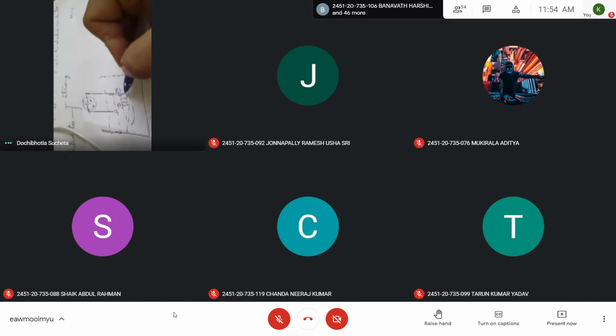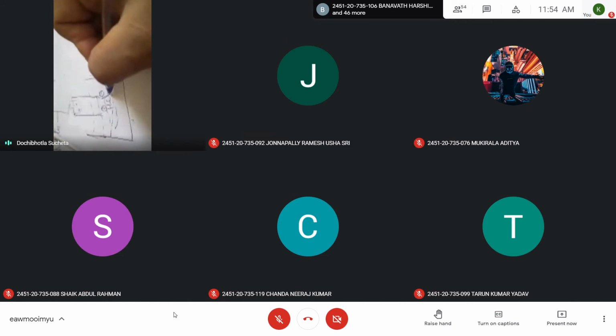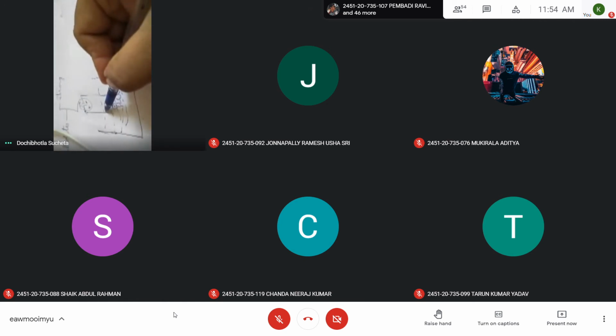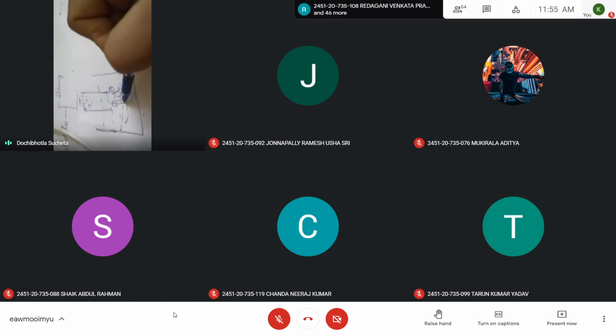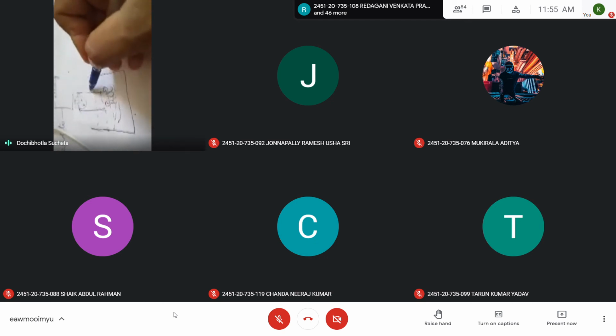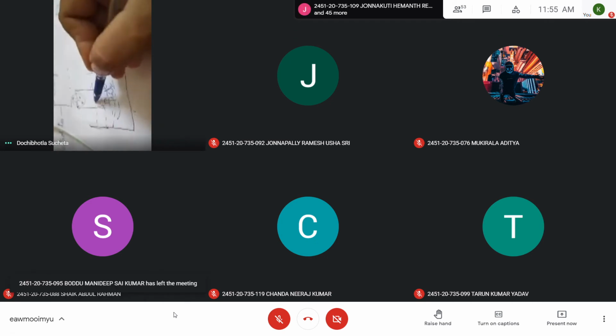Now, where would the Cl- ions move? They would slowly move towards the positive terminal. And where would the H+ ions move? They would slowly move to the negative terminal because unlike charges attract.